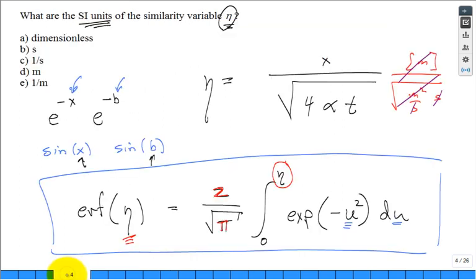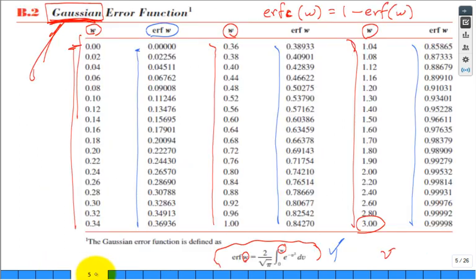I think the table's around here. And if you went to 1.5, you could read off a value of 0.96611. Or if you had a calculator, some are able to actually perform that integration, this integral right here.